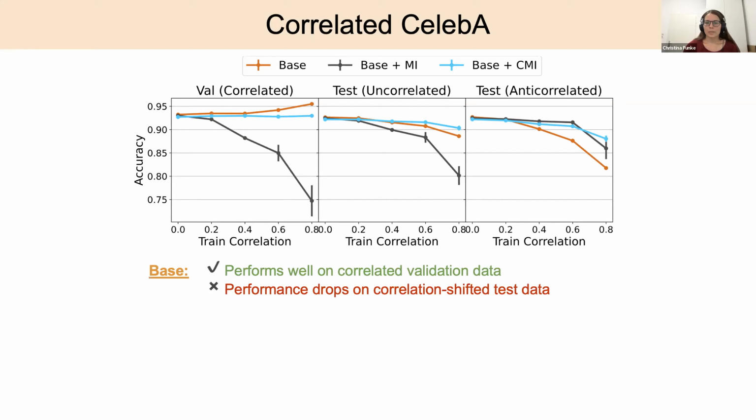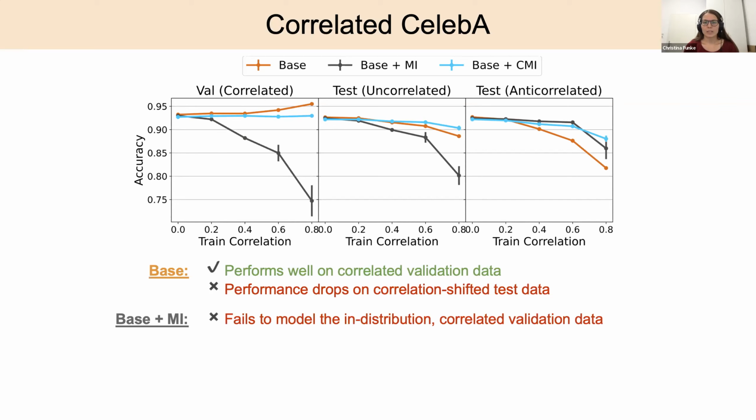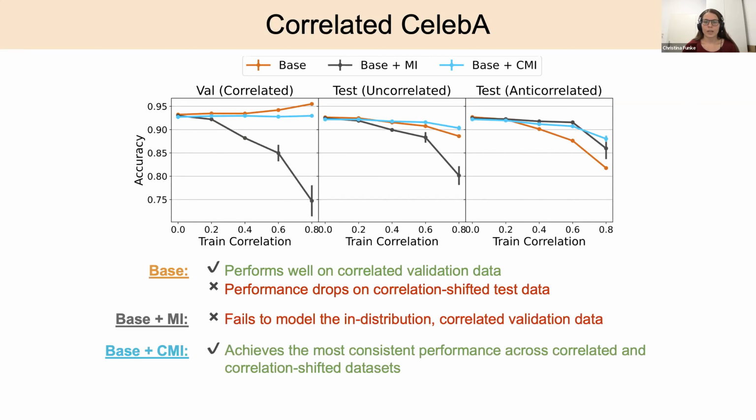We find that the base objective performs well on the correlated validation data, but the performance drops under correlation shift. As expected, base plus MI fails to model the in-distribution validation data. And in contrast, conditional mutual information minimization achieves the most consistent performance across correlation strengths for both of the correlation shifted test sets.